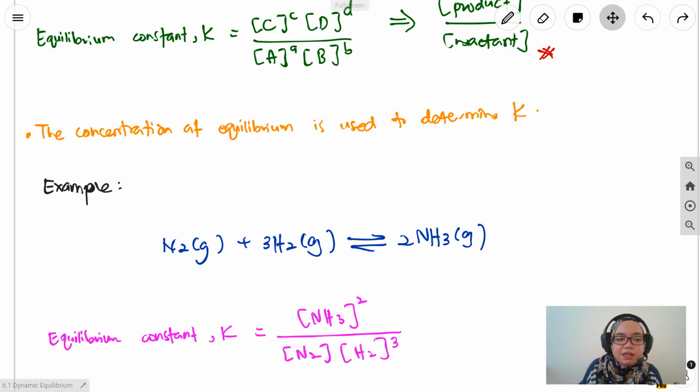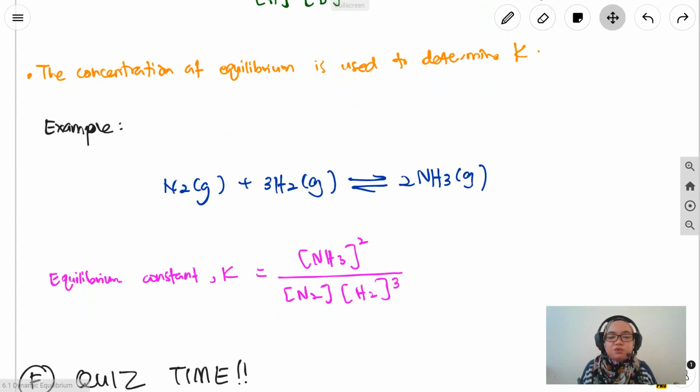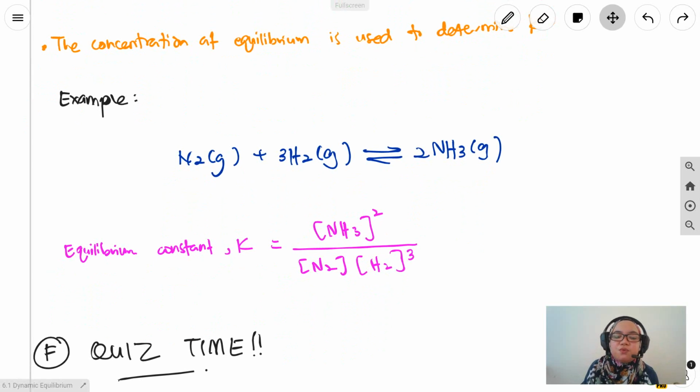So now, let's look at the example. We have N2 gas plus 3H2 gas to form 2NH3 gas. So to write the equilibrium constant here, product over reactant, so the product is NH3, so [NH3] to the power of 2 divided by concentration of nitrogen gas times the concentration of hydrogen gas to the power of 3 here.